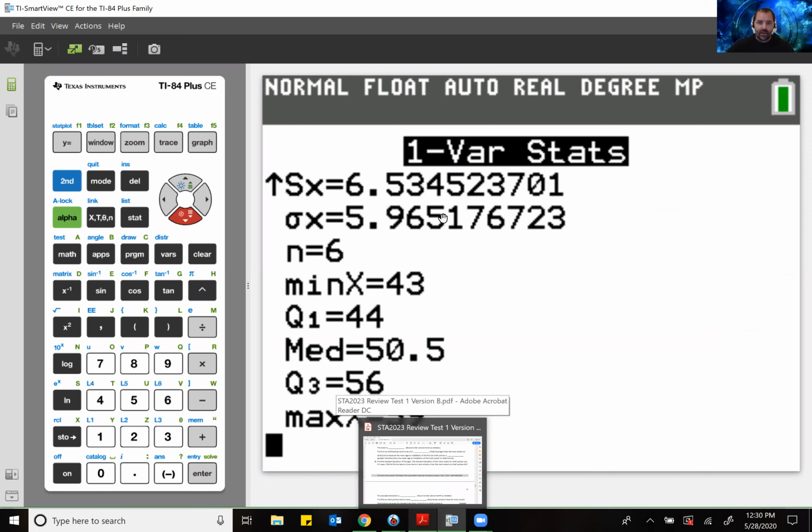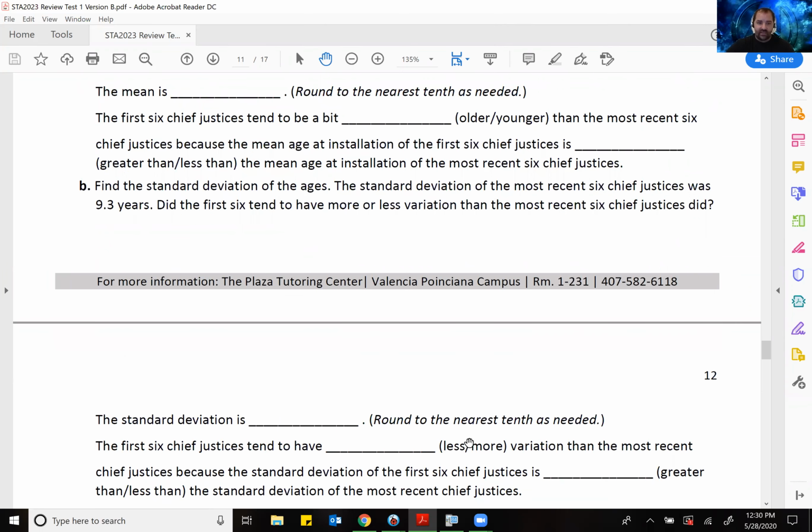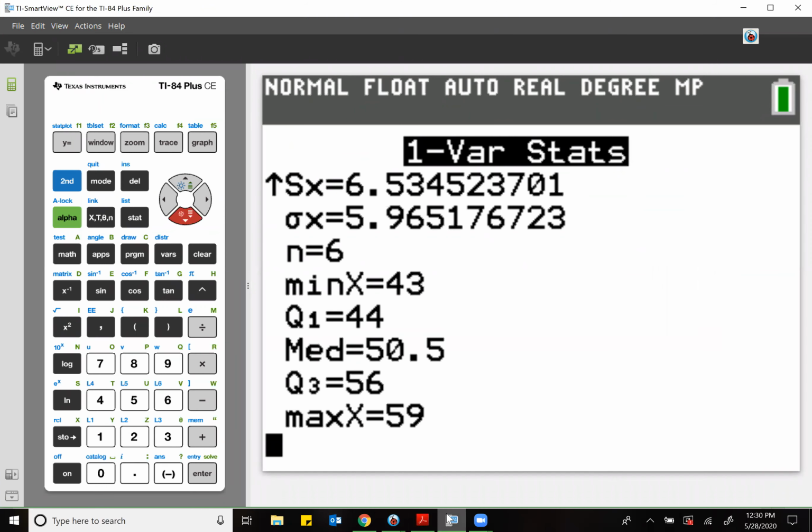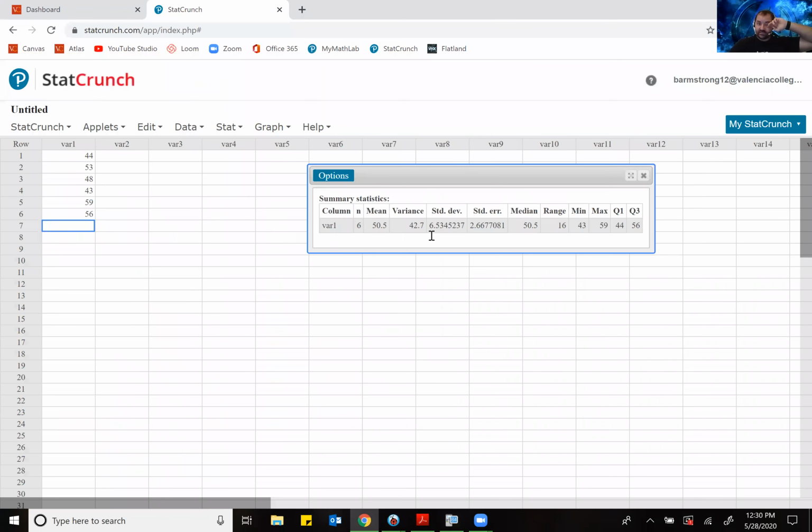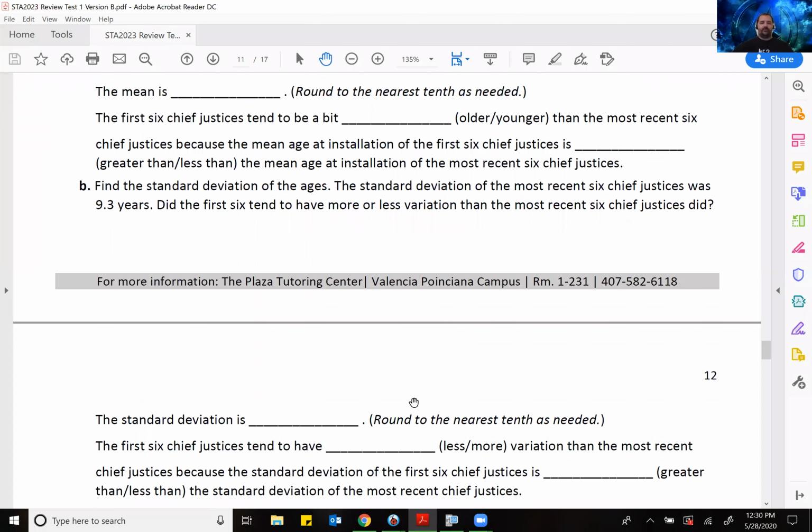So they say round to the nearest tenth. 6.5. Good. And again, if you were in StatCrunch, that's that information right there. 6.5. Okay.